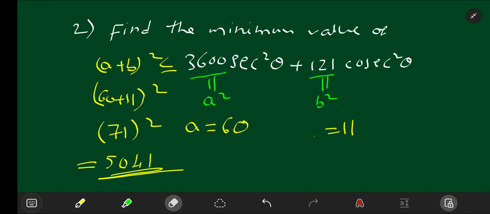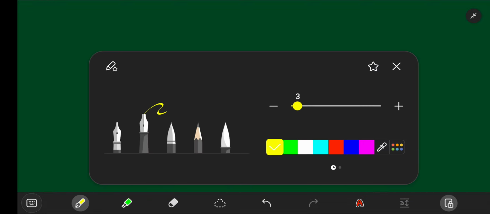Understood? Next, let's do one more example. Cos cube theta plus sec cube theta.